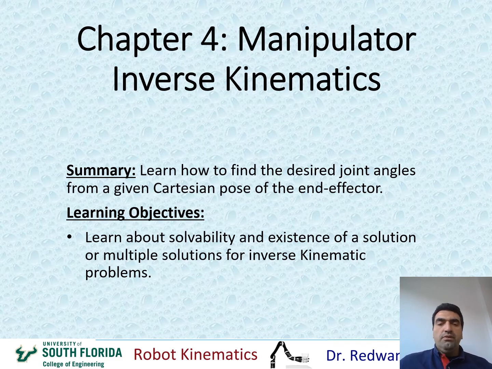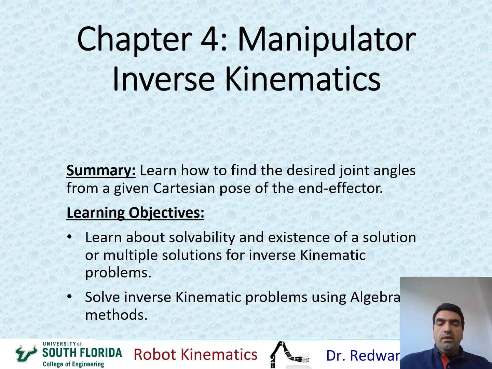So we're going to talk about all these things in the perspective of inverse kinematics. We're going to also look into solving inverse kinematics problems using algebraic methods. So this method will give you the solution for joint angles or joint values when you are given the transformation matrix.